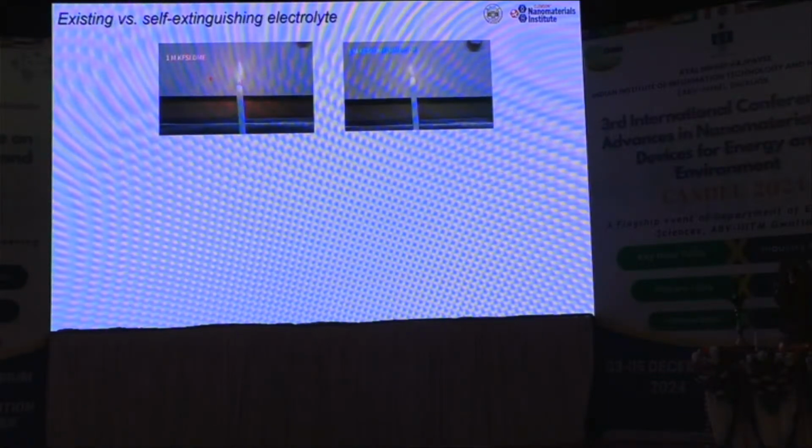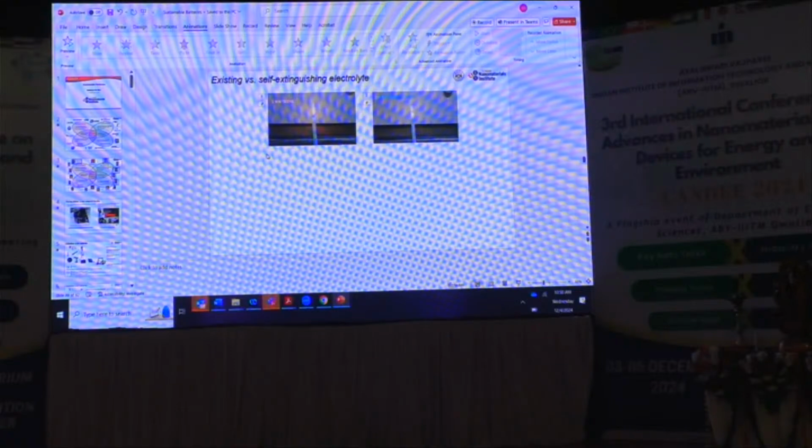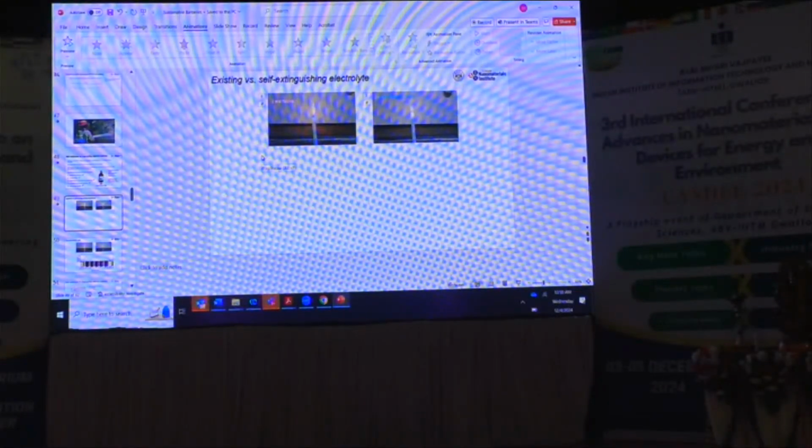Okay, so this is a traditional electrolyte. If you squirt on it, see the flame just flares up.